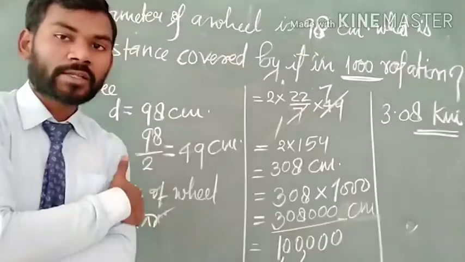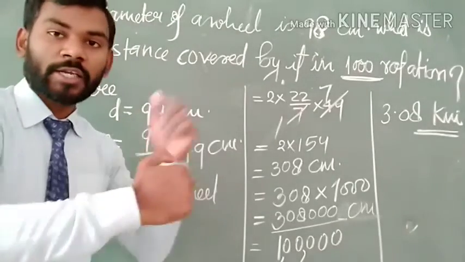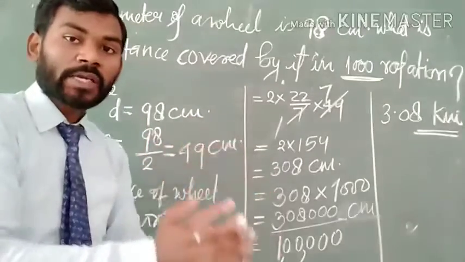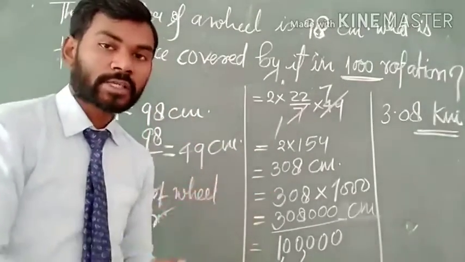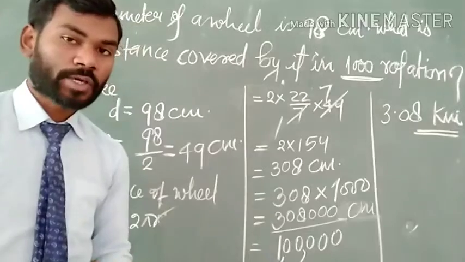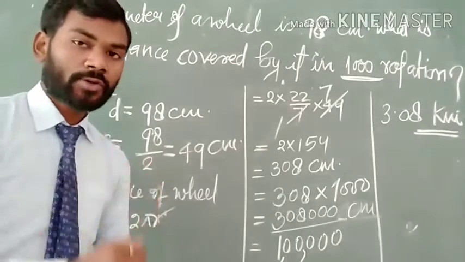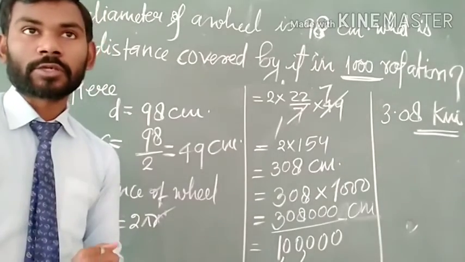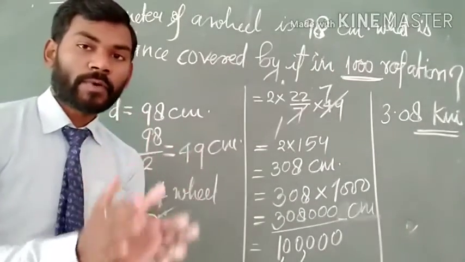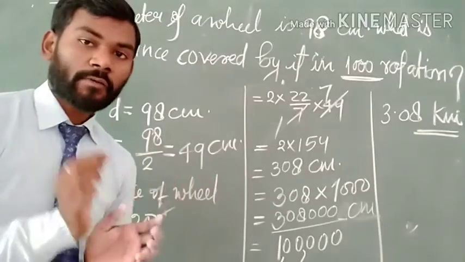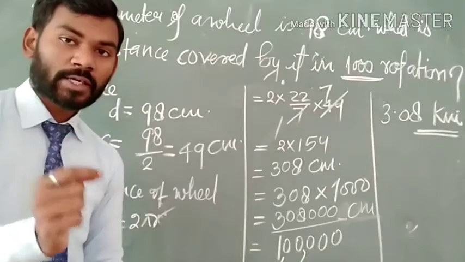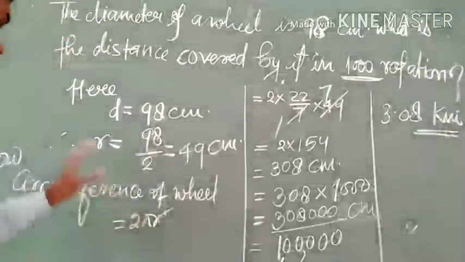Since it is a wheel, it will move. If it completes 1000 rotations, what distance will it travel? As I told you, the distance covered by the wheel in one rotation is equal to the circumference of the wheel. Therefore, our first requirement is to find the circumference of the wheel.